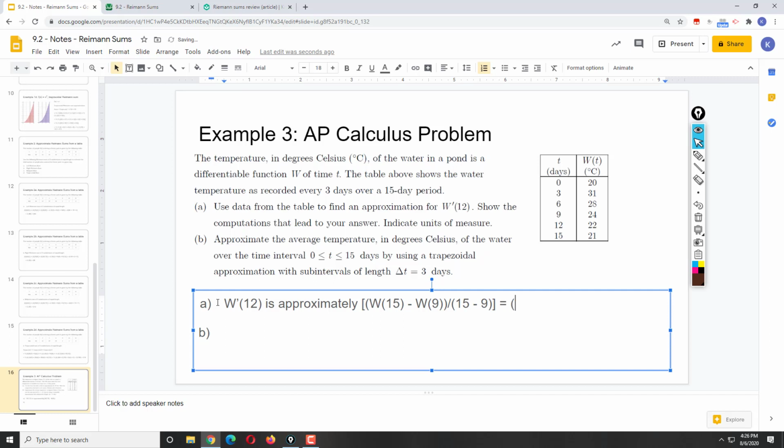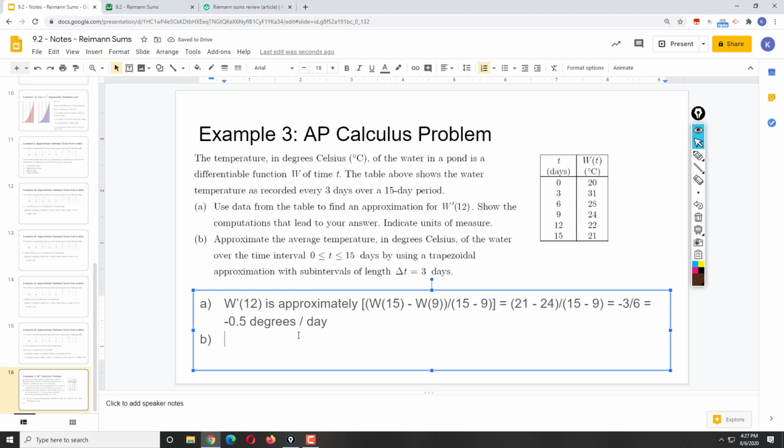So that gives us 21 degrees minus 24 degrees divided by 15 days minus 9 days. This is going to give us negative 3 over 6, which is negative 0.5 degrees per day.